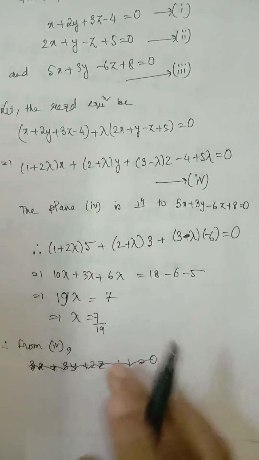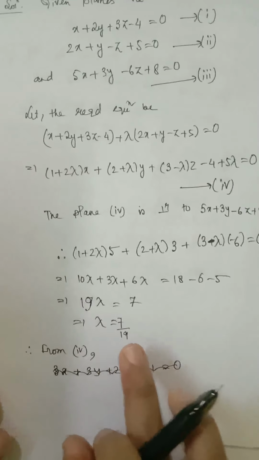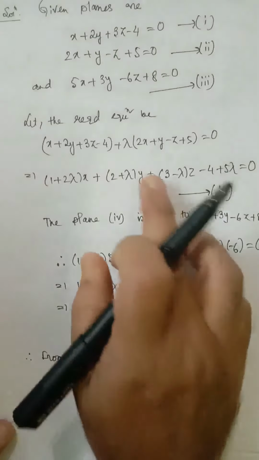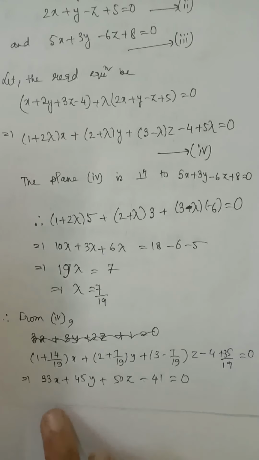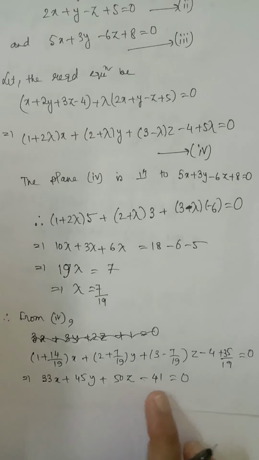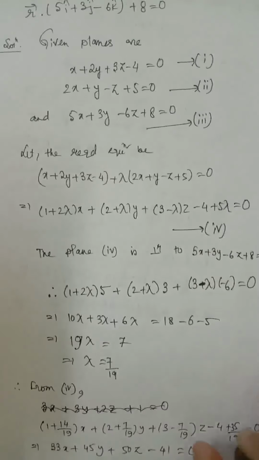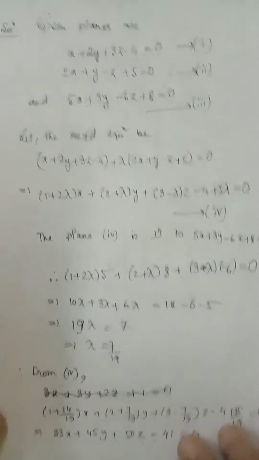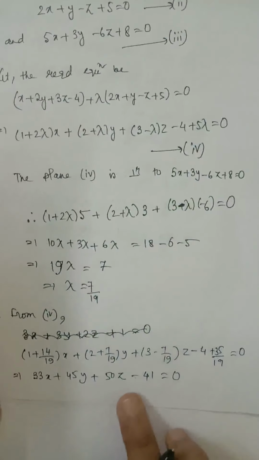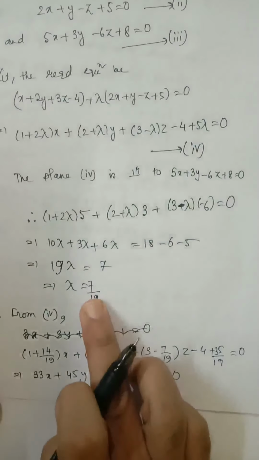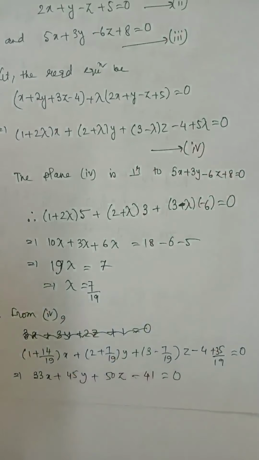And so simplifying, we get lambda equal to 7 by 19, and putting this value of lambda in 4, we get the required equation. This plane passes through the intersection of the first two planes and is perpendicular to this plane. So this is the required equation.